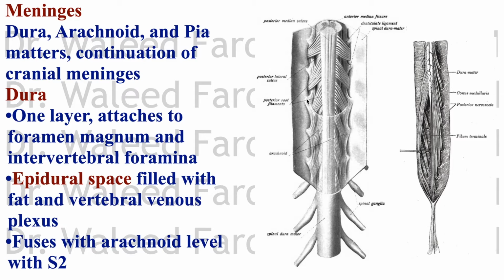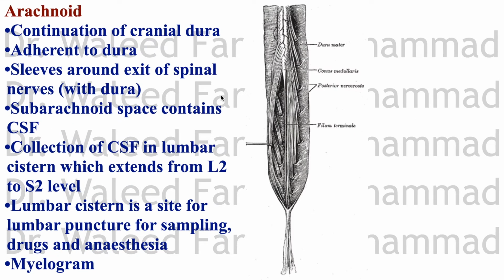Don't confuse it with these projections. These projections come from the pia mater, called the denticulate ligament, between the nerves. But I'm talking about the sleeve around the nerve. Okay? And the subarachnoid space also continues with that of the cranial cavity, so it contains CSF.